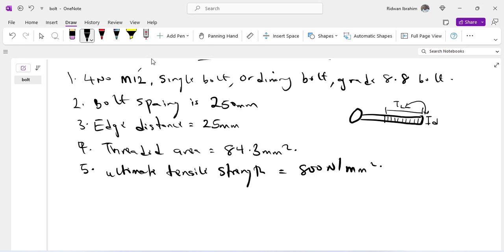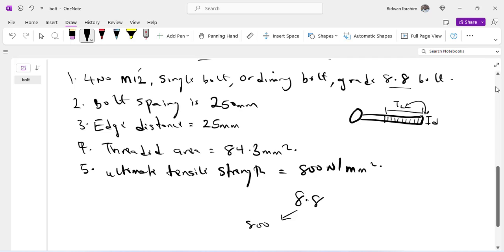Okay, so you can check this in codes too, but this is not a problem. The ultimate tensile strength of bolts is actually a function of the grade. Okay, so when you have grade like this 8.8, so if your grade is 8.8, this 8 actually stands for the ultimate tensile strength, which is this. So this 8 simply means 800.